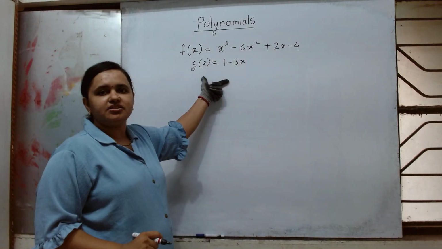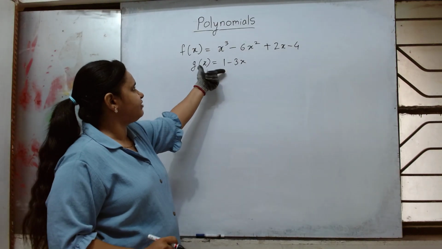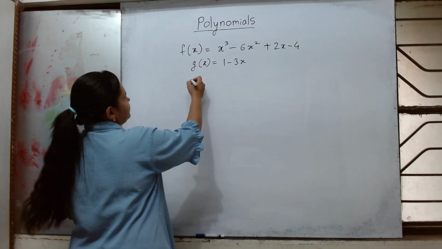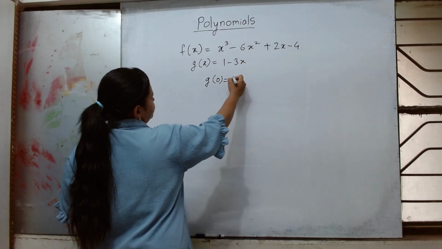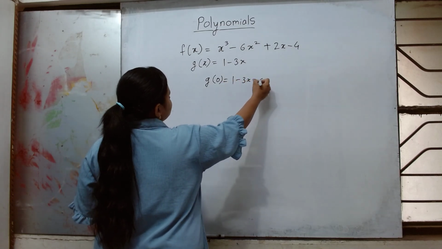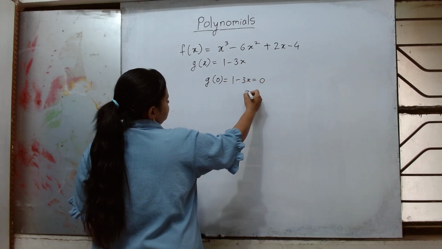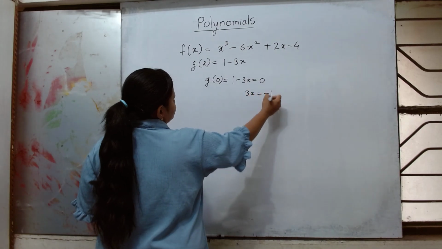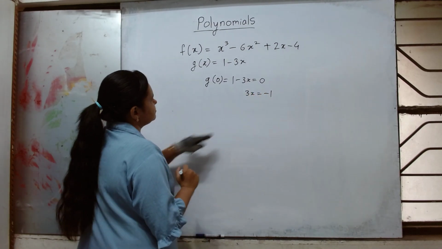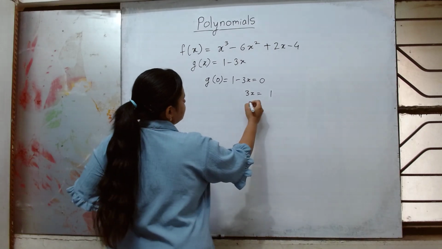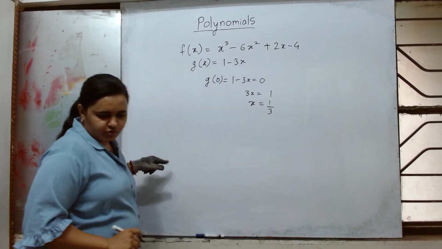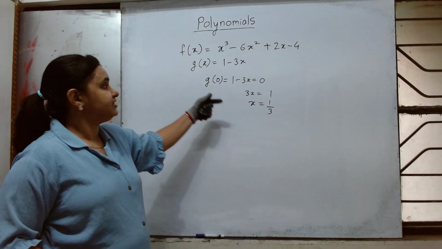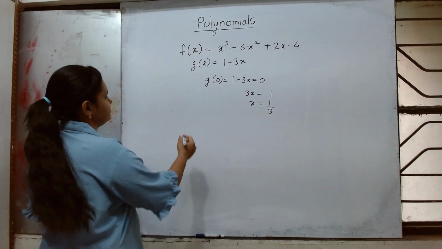So by remainder theorem, again we can find it by remainder theorem. It will be 1 minus 3x equals 0. So 3x will be equal to 1. So x will be equal to 1 by 3. So put the value of x equals 1 by 3 in this polynomial.